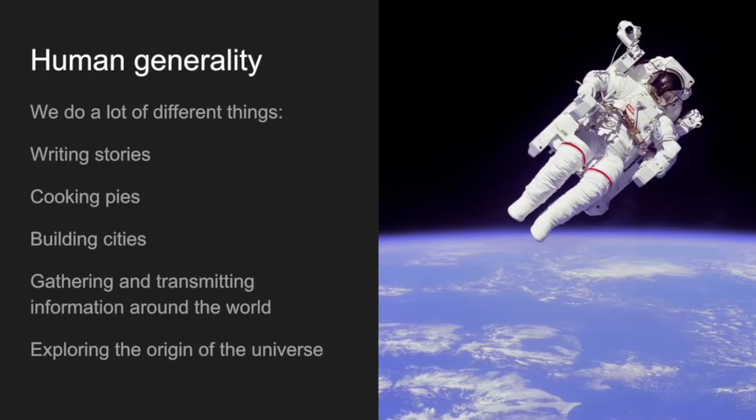Human-level generality is the set of all the tasks that humans can do and have undertaken. These include things like writing stories, cooking pies, building cities, gathering and transmitting information all around the world, and even exploring the origin of the universe. It's a very broad set of activities.